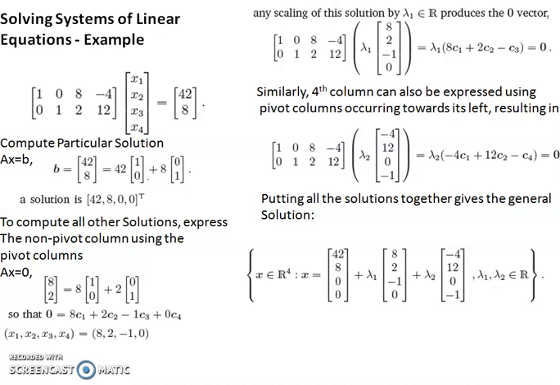C1 represents the x1 value, so x1 will be 42, and C2 is taken, so 8 will be the x2 value. The remaining C3 and C4 are not specified in the equation, so they become 0 here.